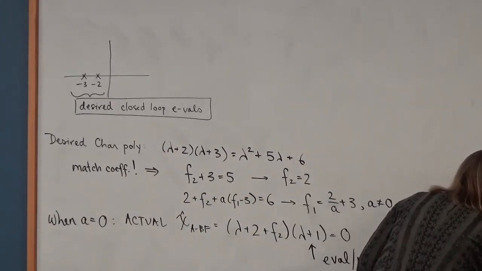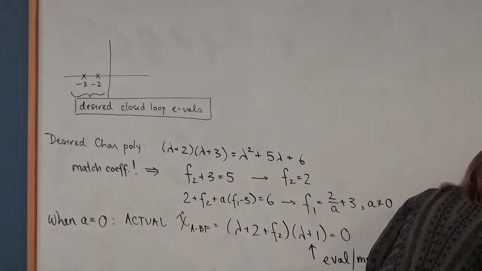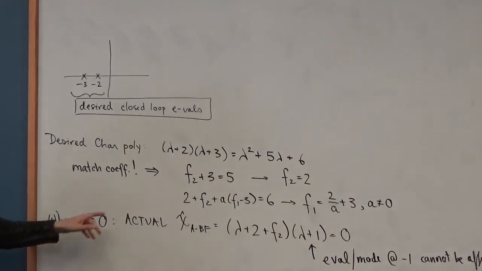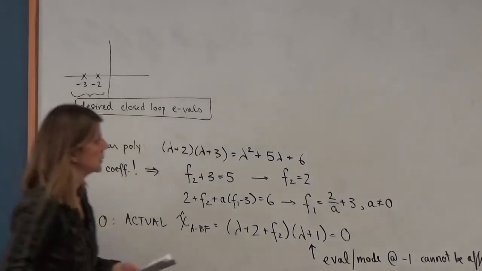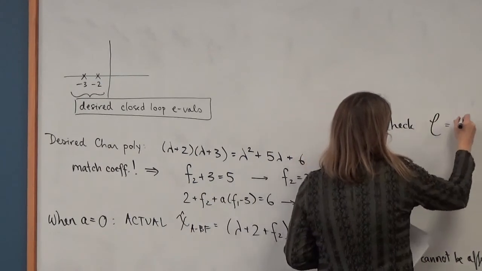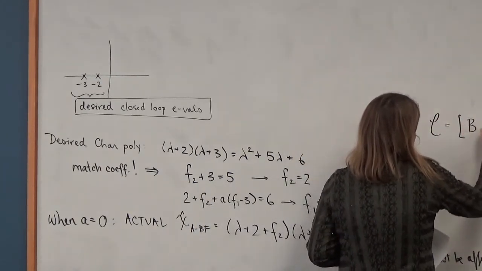by state feedback. What do you think the rank of our controllability matrix would be in this example when A is equal to 0? 1. Good. So if we check that, I'm going to check the controllability matrix, which is just B, AB.